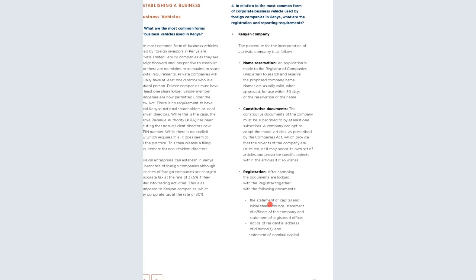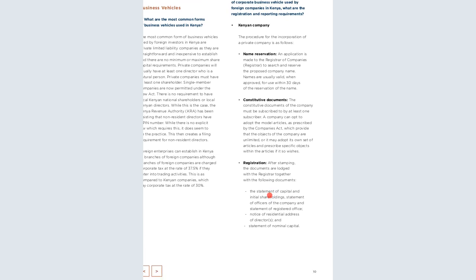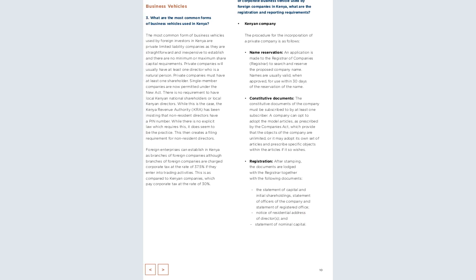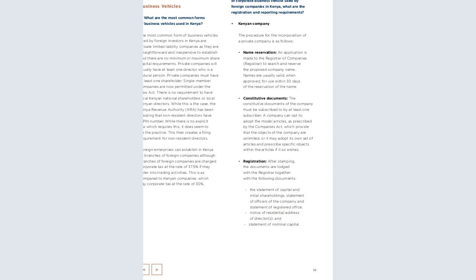A company can opt to adopt the model articles as prescribed by the Companies Act, which provide that the objects of the company are unlimited, or it may adopt its own set of articles and prescribe specific objects within the articles if it so wishes.